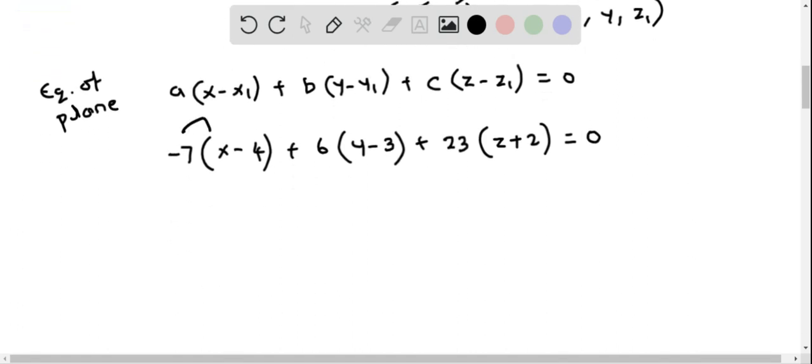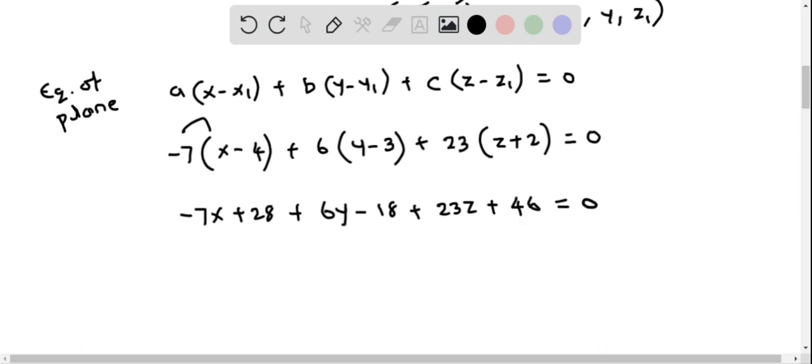So here we have to distribute, that is negative 7x, positive 28. And this is 6y minus 18 plus 23z plus 23 times of 2 is 46, and this equals 0. Let's put it in standard form, that is x, y, and z coming first.